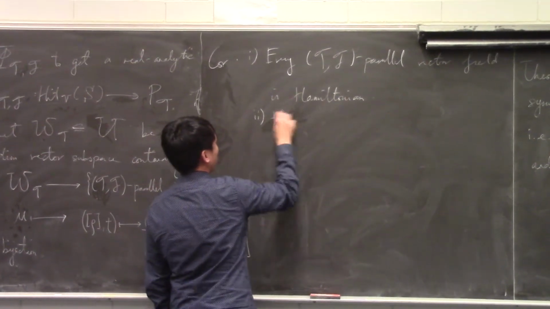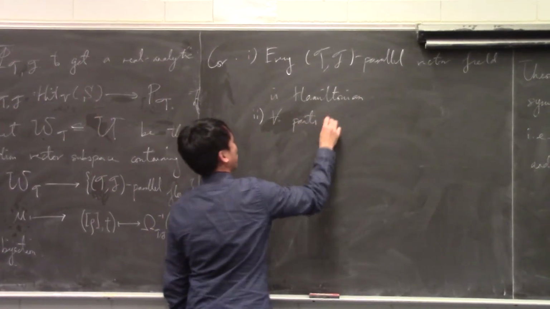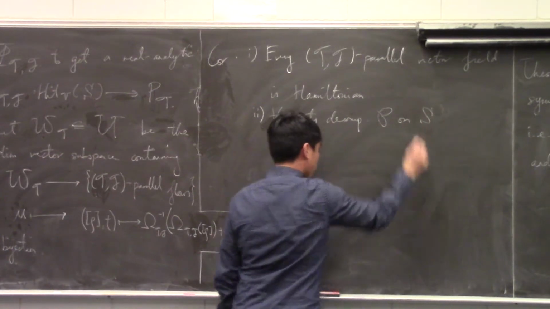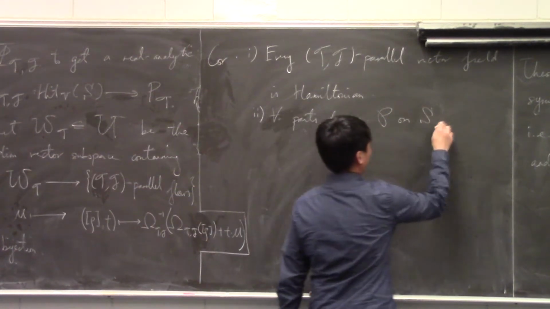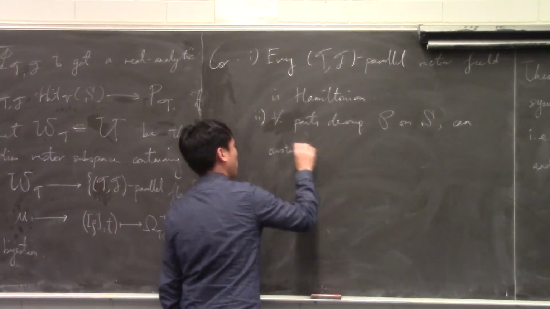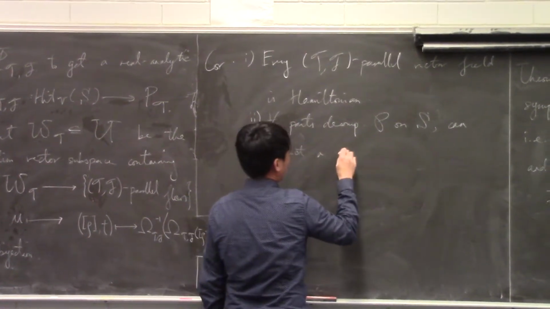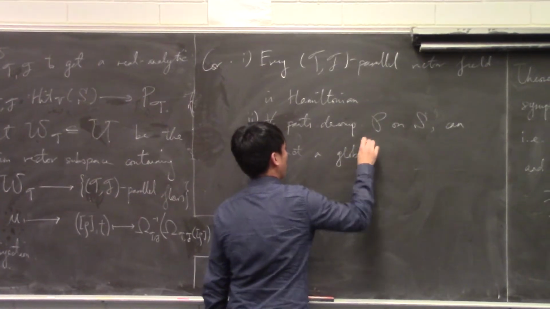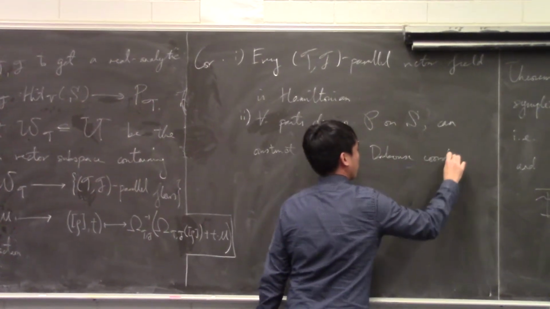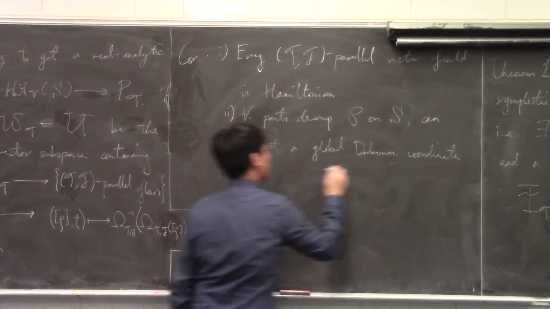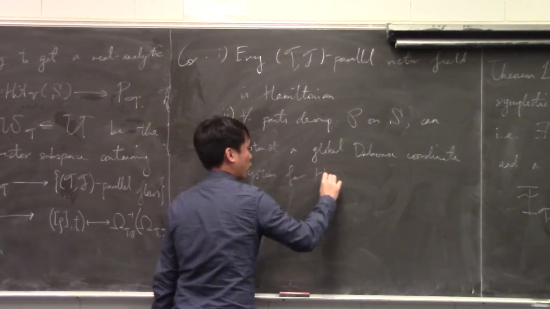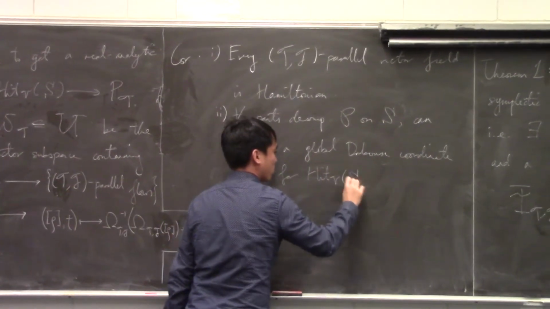Okay, for any pants decomposition P of S, you can construct a global Darboux coordinate system for the PSL(V) Hitchin component.